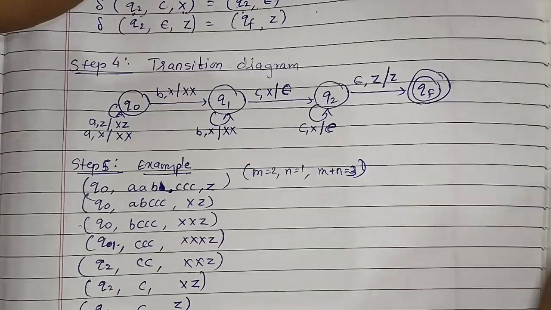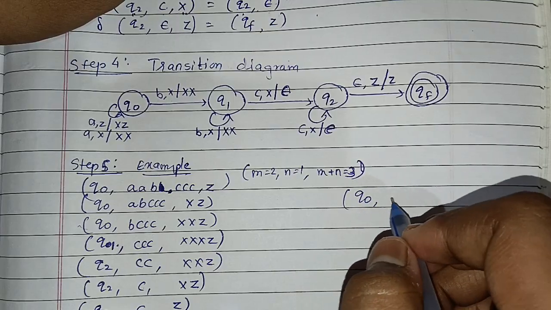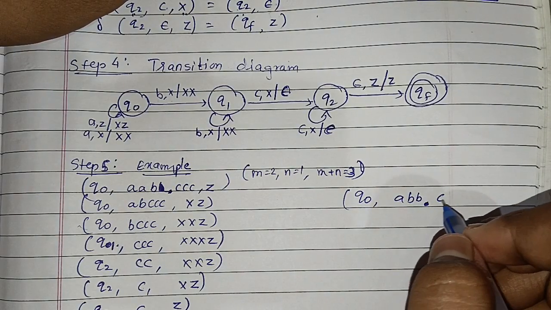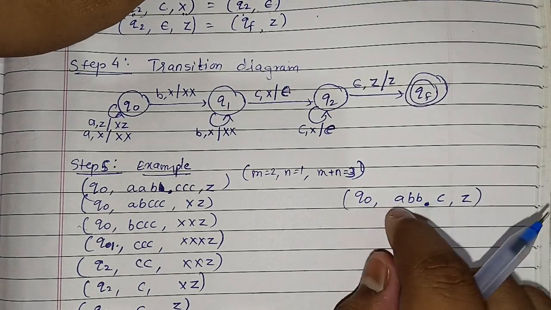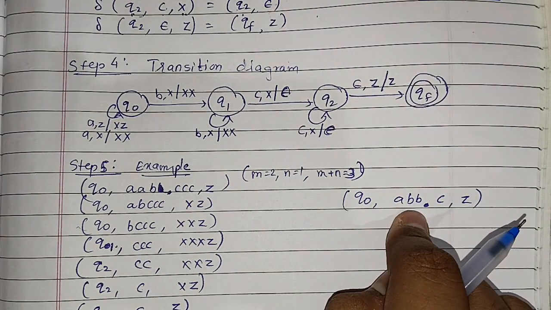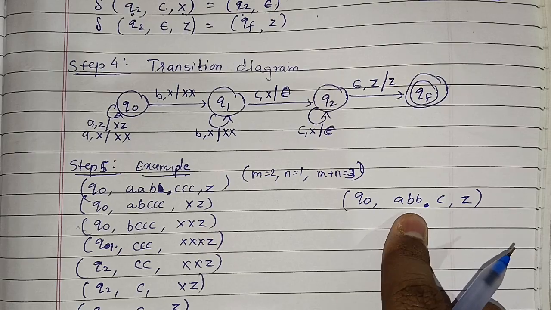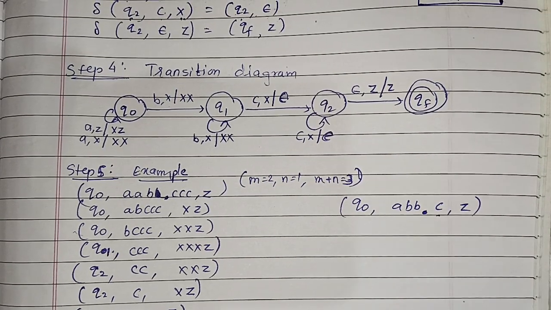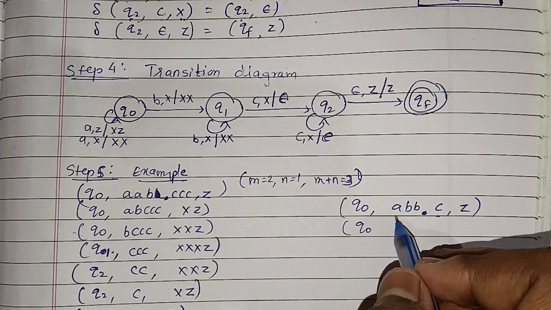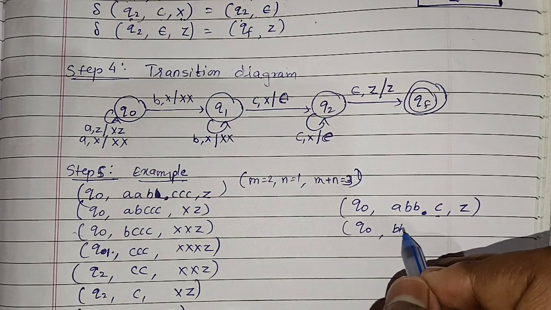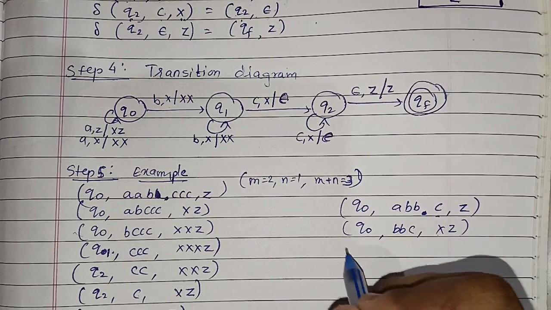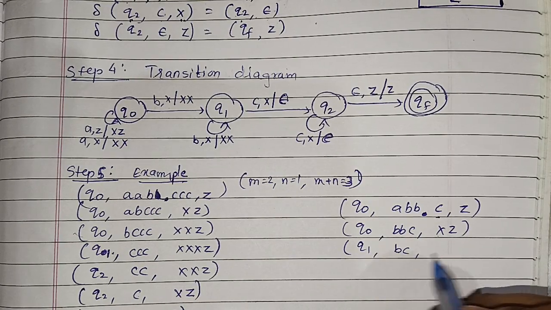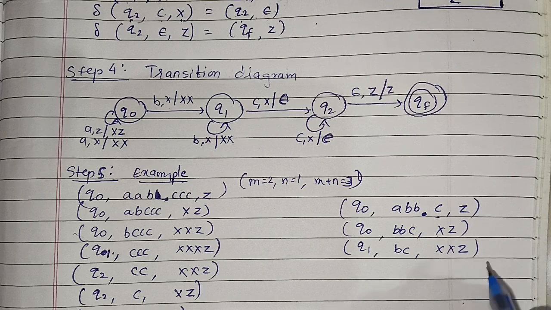Now let's take an example of rejection also. Q0 a b b c, and here Z. Now see, m is 1, n is 2, so m plus n becomes 3, but here it is only 1 c, so it will be rejected. Q0 receives a in the same state Q0, b b c, and x is pushed. Q0 receives b, goes to Q1, b c, and xZ.